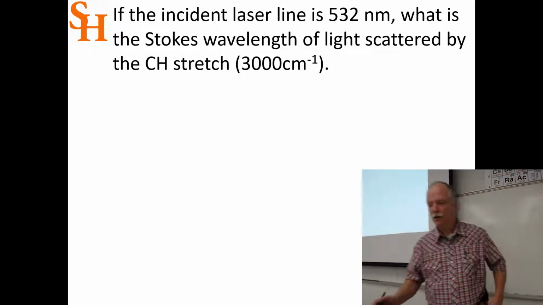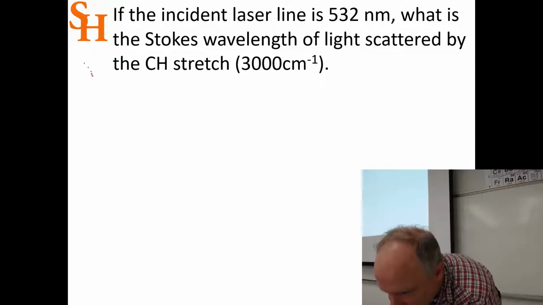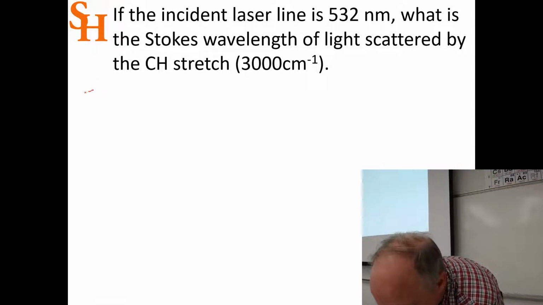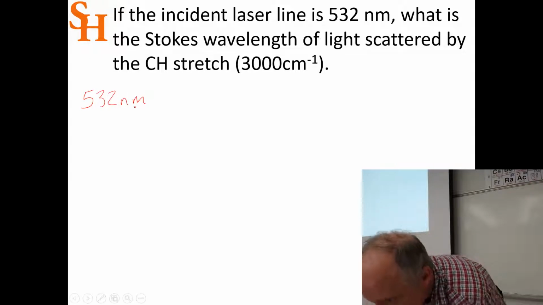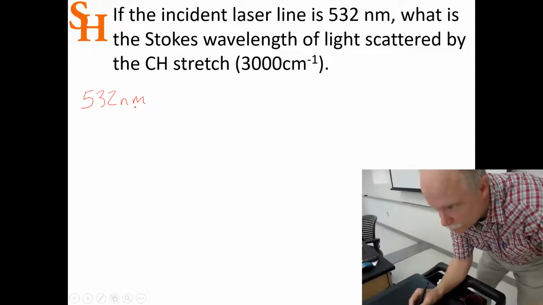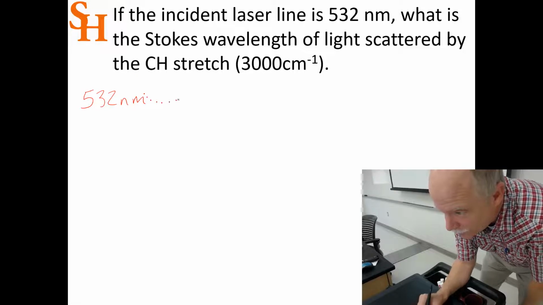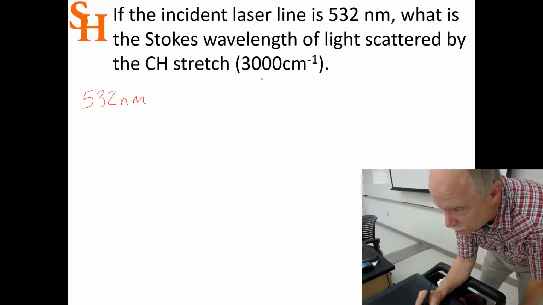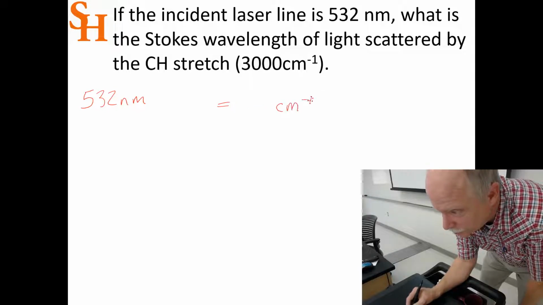Okay? And so we want to get out of wavelength. So 532 nanometers, and we want to get to wave numbers. So always begin with the end in mind. You want the end result to be cm to the minus 1.